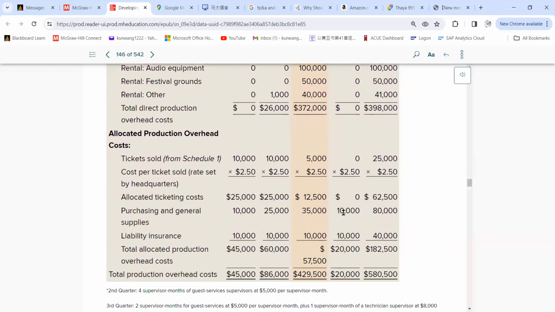Even in the first quarter, we have some general supply purchasing. Liability insurance, which is absolutely needed, right? So for kind of the safety and some other insurance purpose, and the total allocated production.